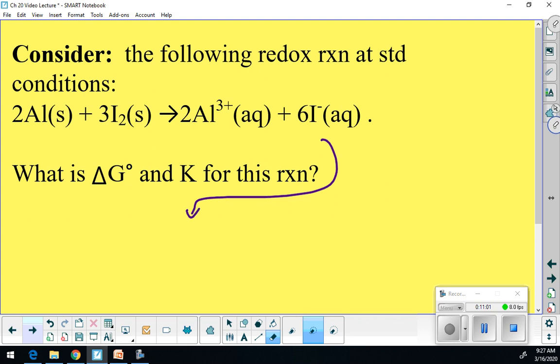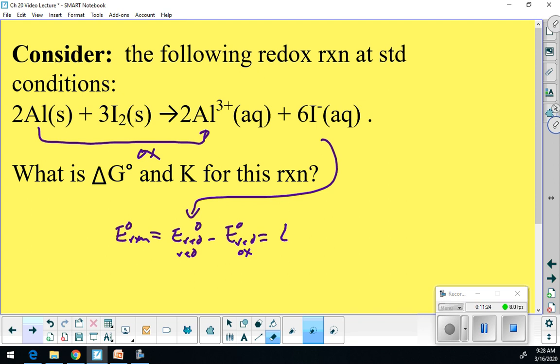So, aluminum, my E prime for my reaction is, by the way, aluminum is doing what? Aluminum is oxidizing. Okay, so that means I want to take my standard reduction for my reducing minus the standard reduction for my oxidizing. So in this case, my standard reduction for the reducing would be my I2 minus the standard reduction for my aluminum, right?